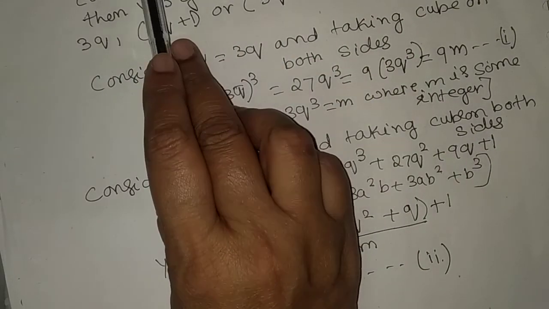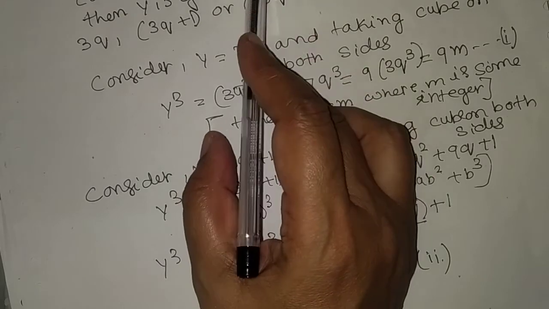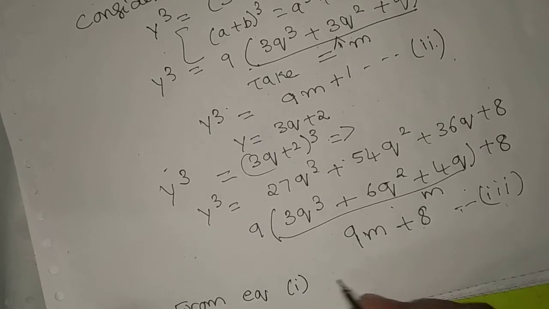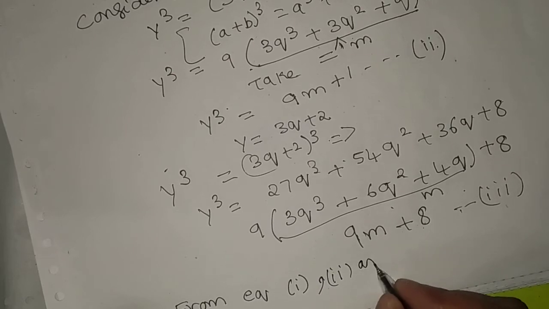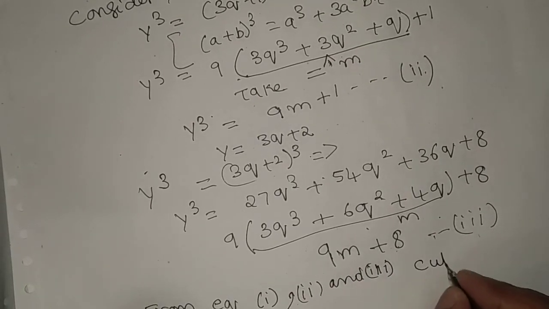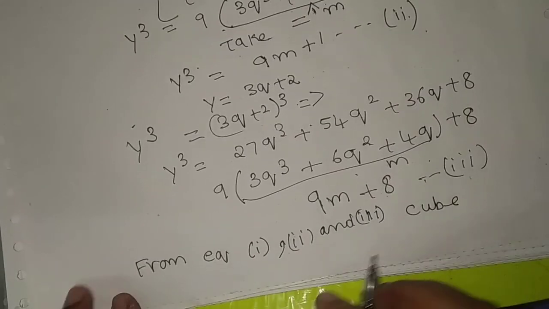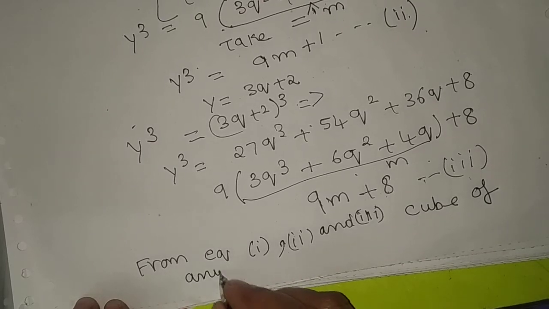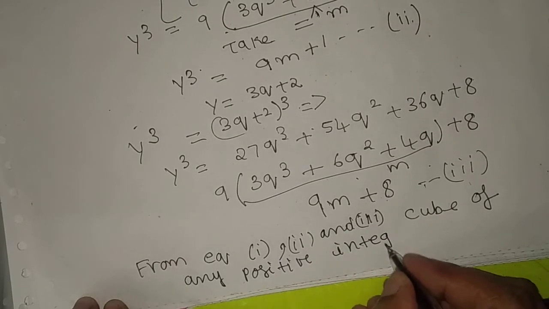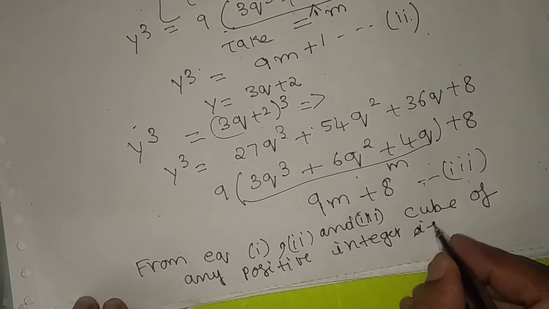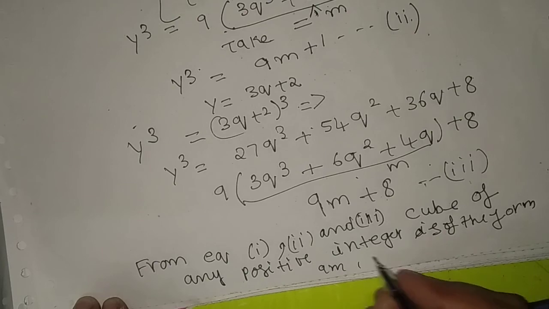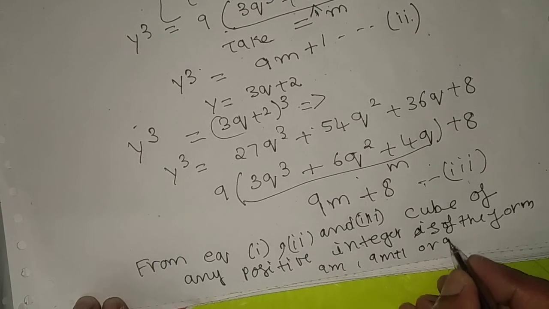So we found out that, from equations 1, 2 and 3, the cube of any positive integer is of the form, write down the form, that is 9m plus 1 or 9m plus 8.